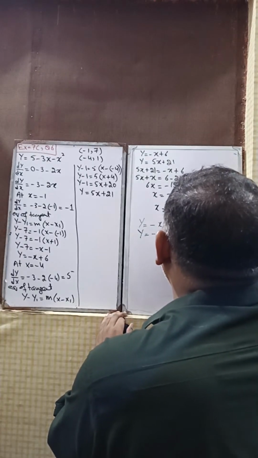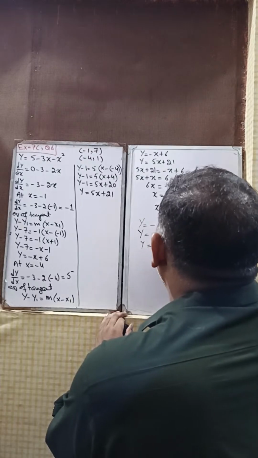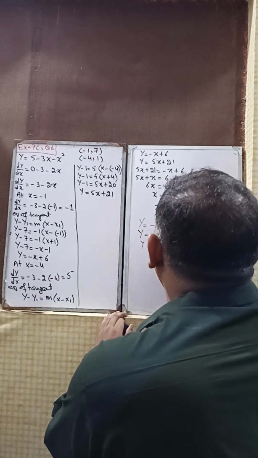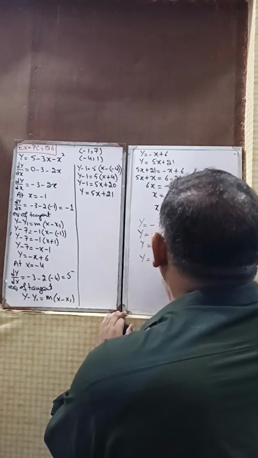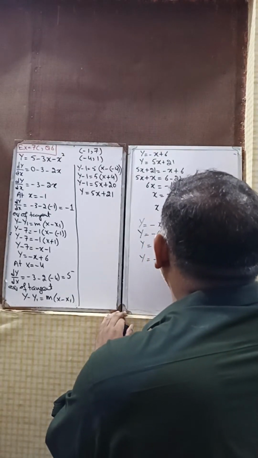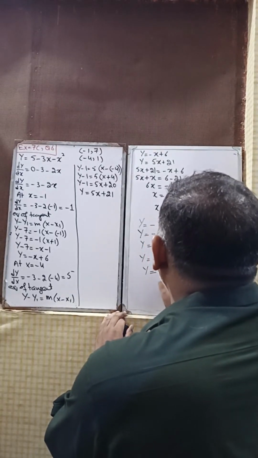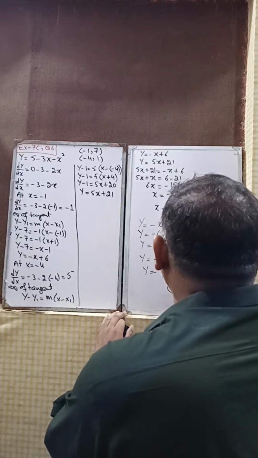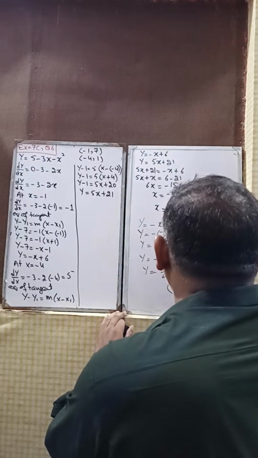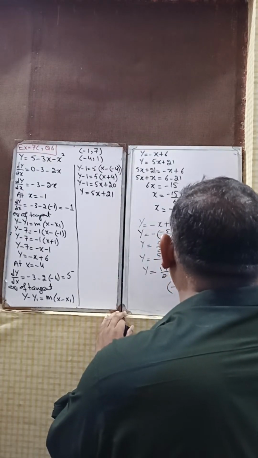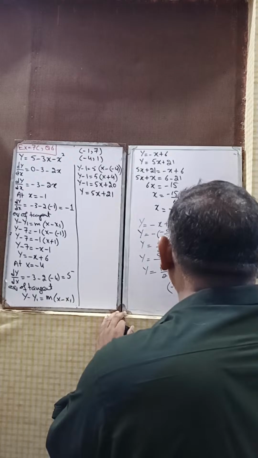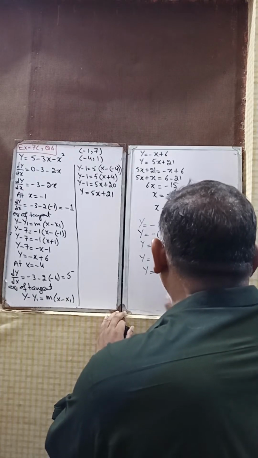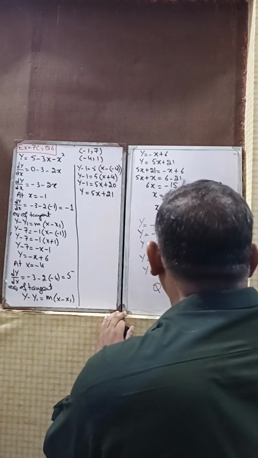So this becomes 5 by 2 plus 6. When you take the LCM here, this becomes 5 plus 12, so it will be 17 by 2. So I think the point of intersection will be (-5/2, 17/2). These are the coordinates of, I hope this answer is right, the point Q.